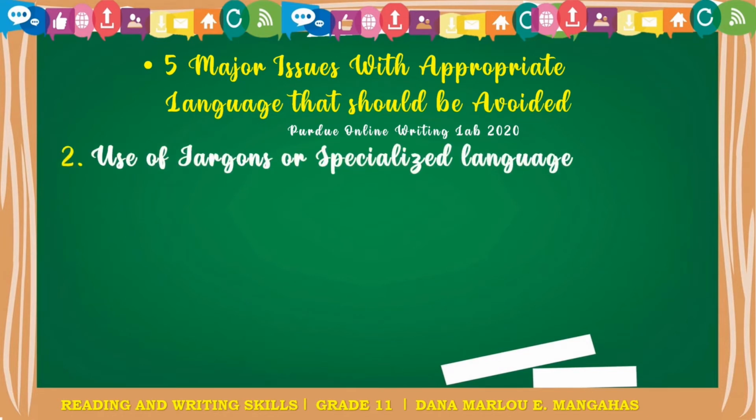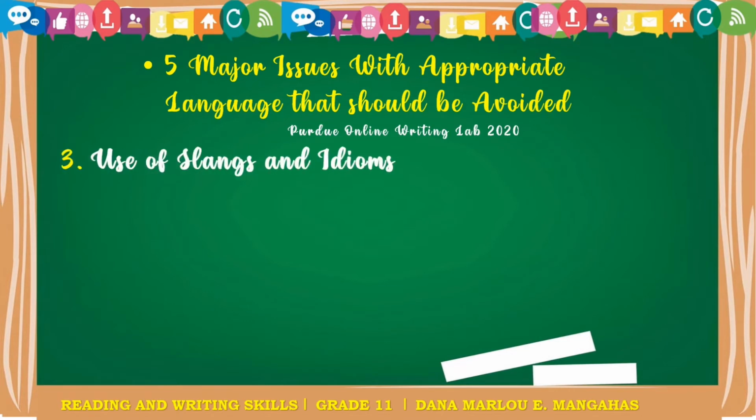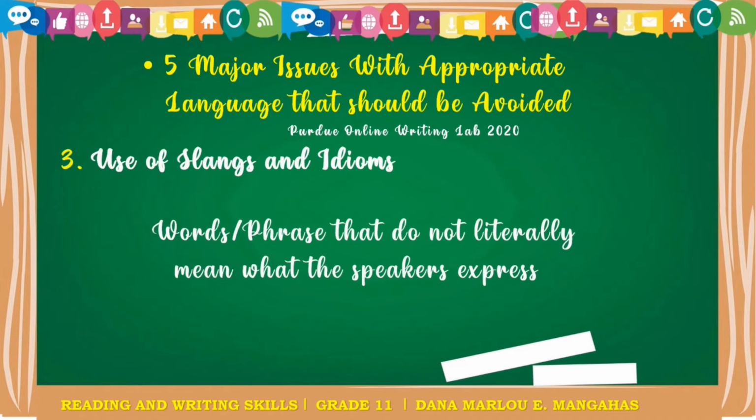Second, jargons or specialized language used by groups of individuals in the same field should only be used if the target readers belong to the same group. Third, slangs and idioms should be avoided.